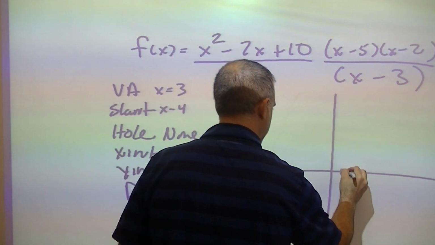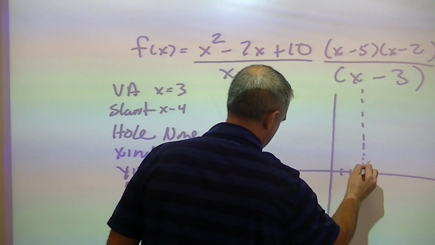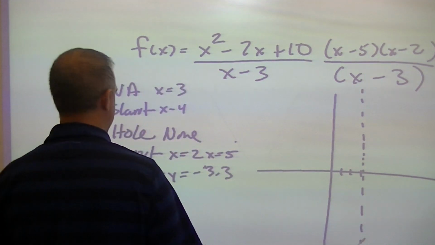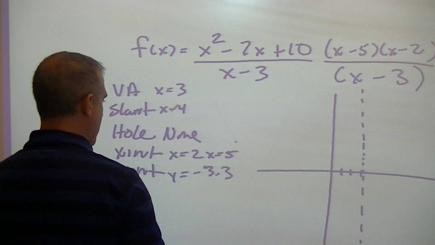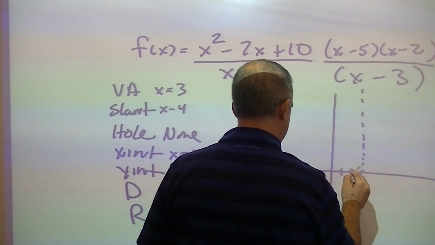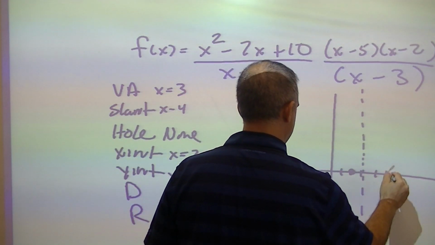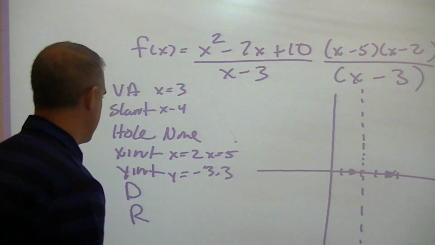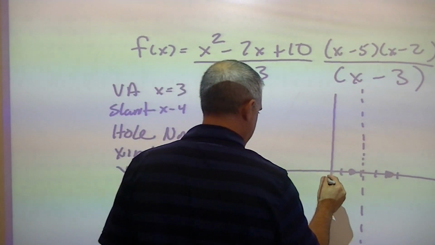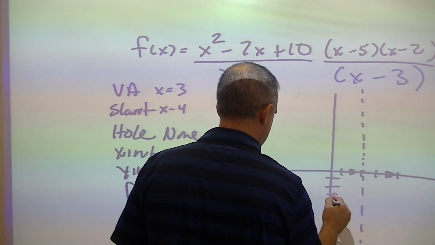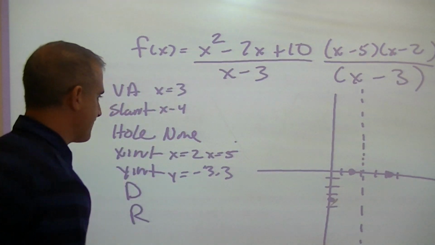So nothing changes as far as how we get this. Nothing changes. Well, I'll get back to the hole in a second. X-intercept being at 2 and at 5. Y-intercept at negative 3.3.